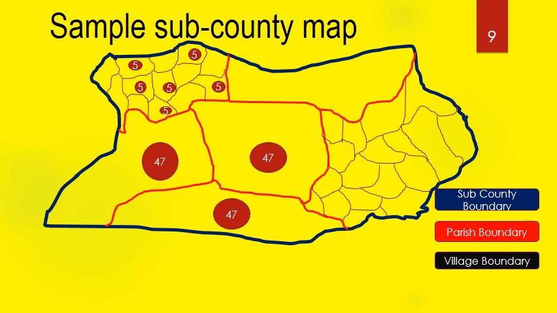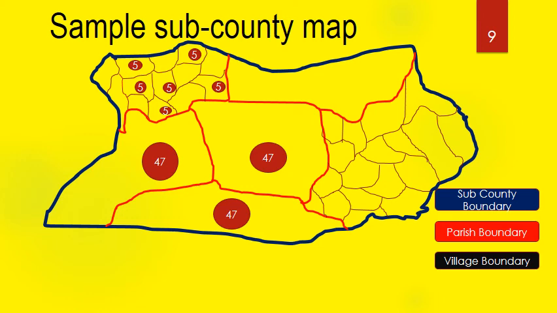Or another one can decide to consider villages as strata. For example, if this sub-county has 40 villages, we will divide the 286 sample size we got from the example in the slide before, by 40.